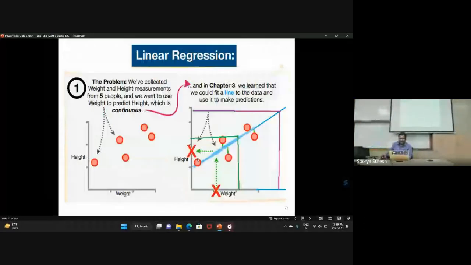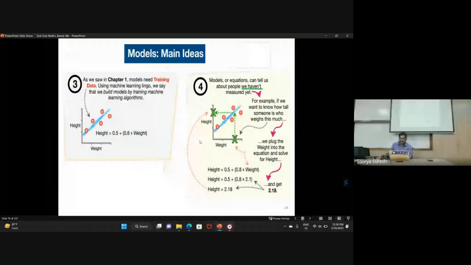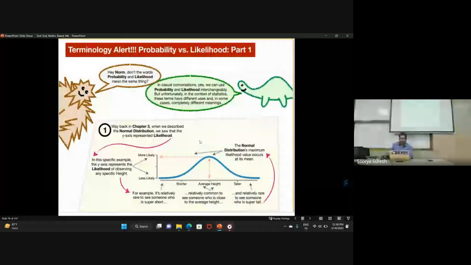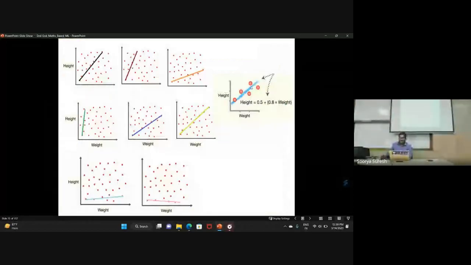Once we fit a curve, we are able to map it to any unknown case and find the error. See here, if I want to map a curve here, there are n number of possibilities.